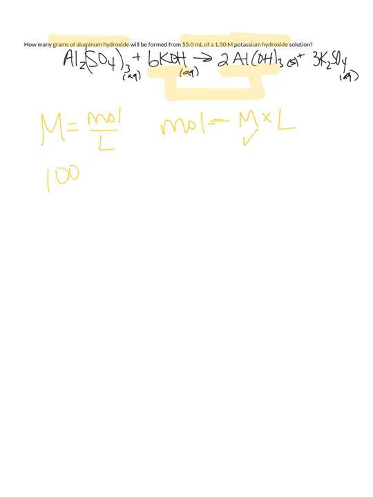You should know that there are 1,000 milliliters for every 1 liter. So if I have 55 milliliters, and there are 1,000 milliliters in 1 liter, I have 0.055 liters. Now I'm able to use those numbers and plug them into my equation to solve for moles.